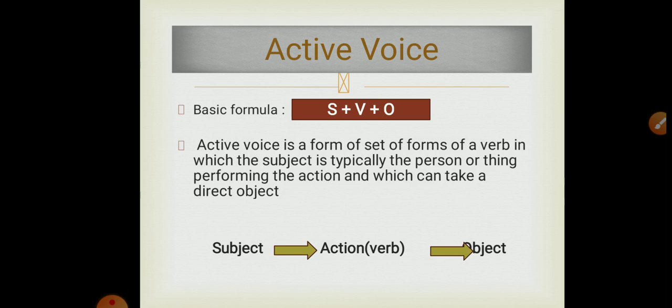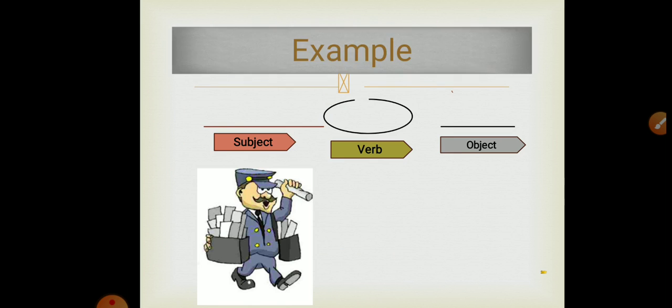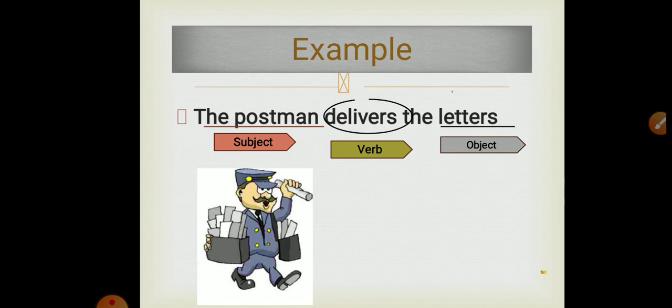Let's take one example. Here our subject is the postman. The postman delivers the letters. What action is he doing? He is delivering letters. So delivers is a verb, and what he delivers, the letters, is our object.